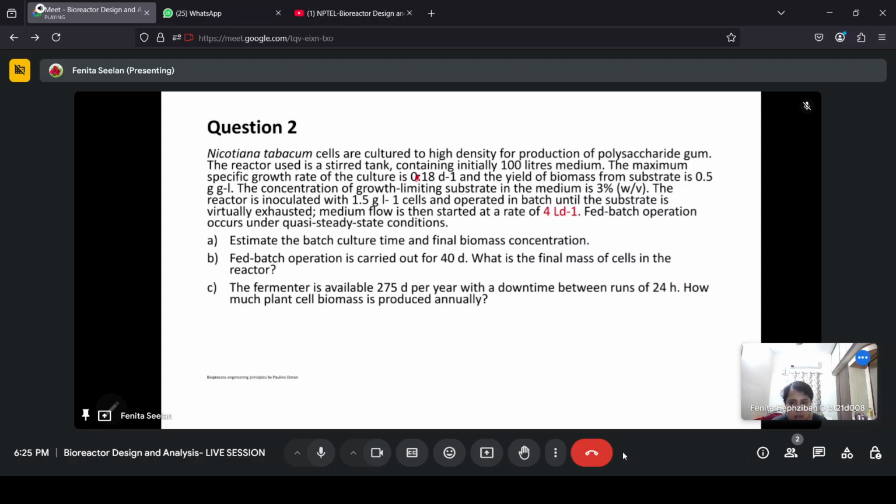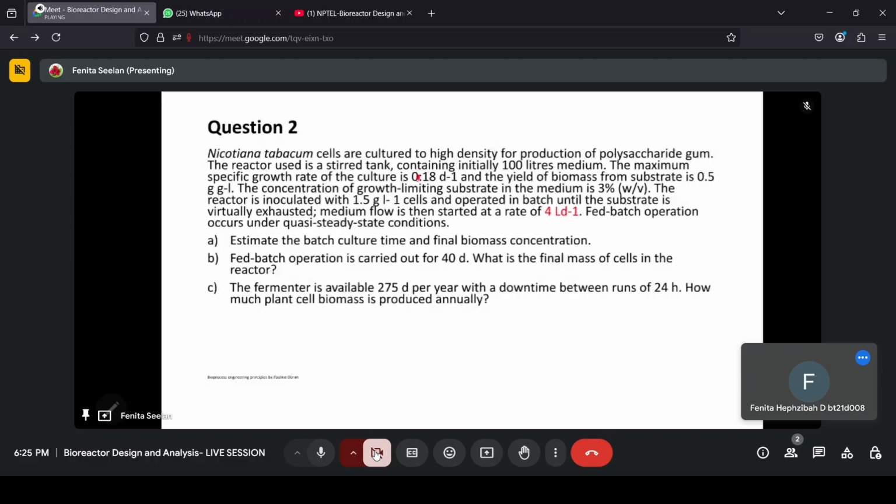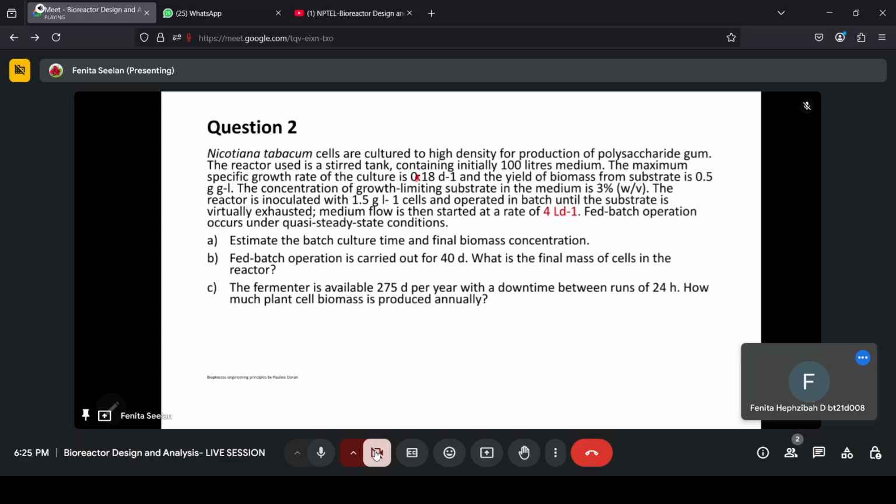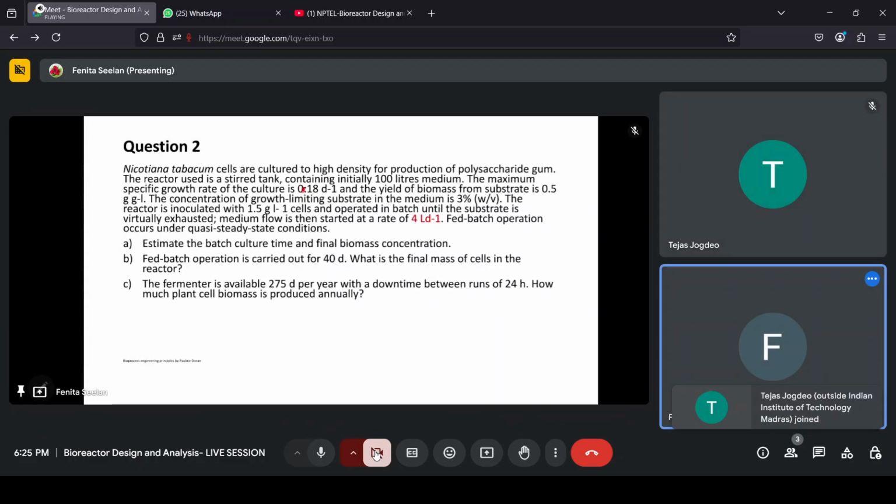Let's start solving it by writing down the given values. So what are the given values? Let's start by jotting it down.